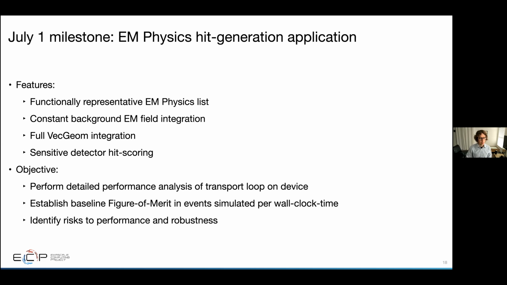At that point, we'll be in a really good place to do detailed performance analysis to see what our bottlenecks could be and how we can overcome those, as well as establish a baseline figure of merit for our simulation performance. And of course, to identify the upcoming risks to performance and robustness and how we can mitigate those. That's all I have. Thank you.